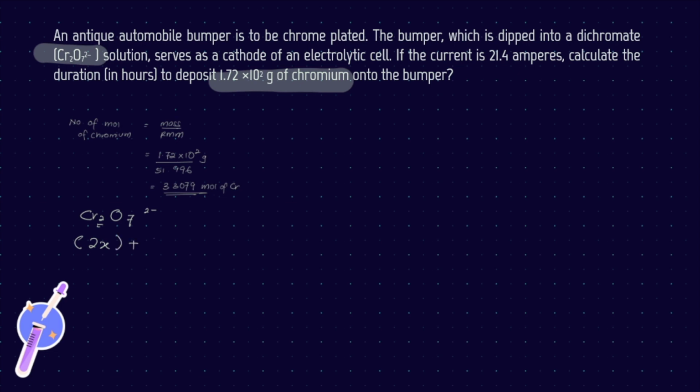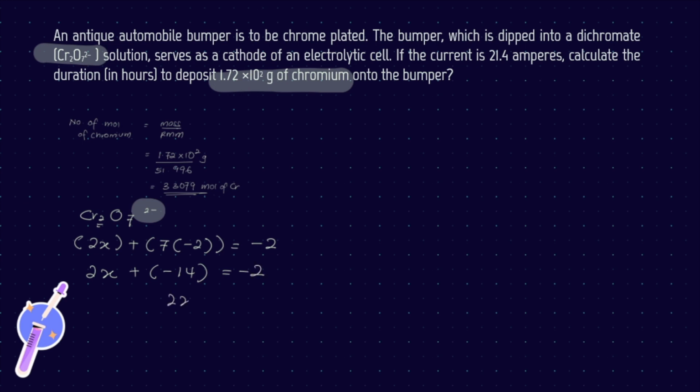Plus, you have 7 oxygen. Remember, oxygen is always negative 2. And then the total should be negative 2 as well because of the charge around here. If there's no charge, it's going to be 0. So 2x plus negative 14 is equivalent to negative 2.